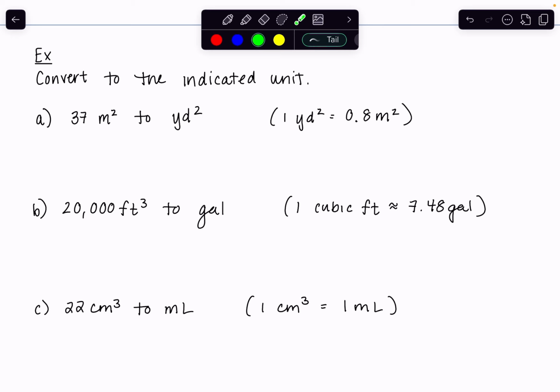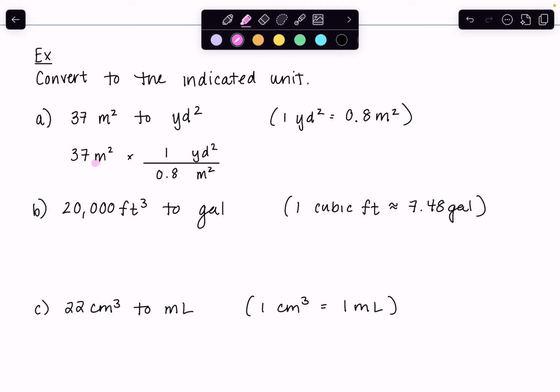So for this one, we've got 37 meters squared to yards squared. Starting with this, if I want to get rid of the meter squared, I need to put that in the bottom. And then my conversion, I know, is that 0.8 meters squared is 1 yard squared. So this makes my meter squared unit disappear.